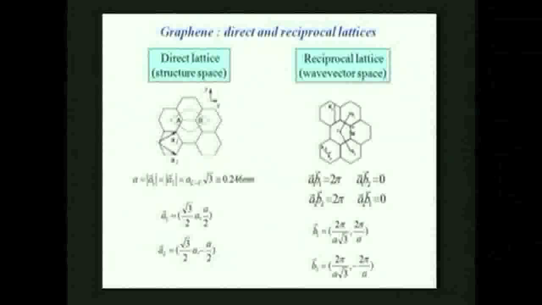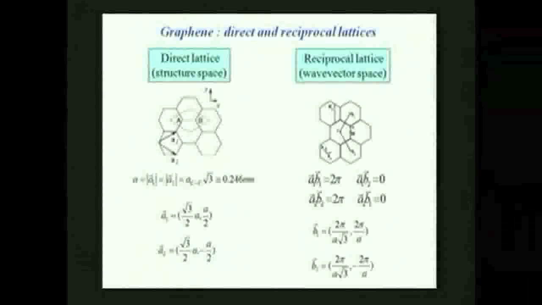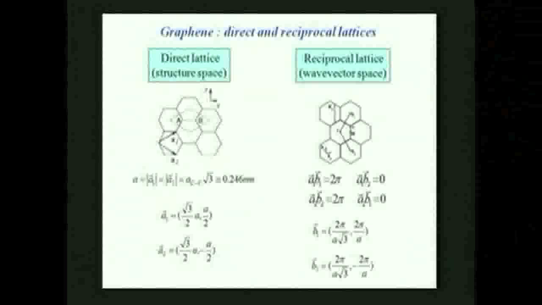Then, when you go to a course of solid-state physics, you will define the reciprocal lattice, and you will need it to define the electronic properties and the vibrational properties of crystals. So as I said before, this reciprocal lattice is the space of the wave vectors. In this reciprocal lattice, you can describe the properties of waves. And in crystals, you have electron waves, but also vibrational waves, what we call phonons.